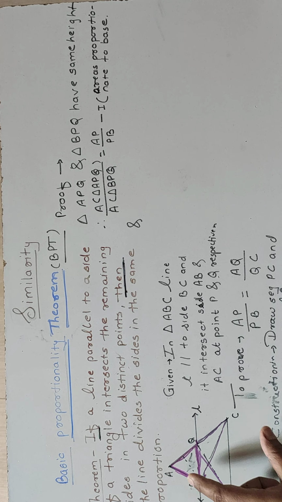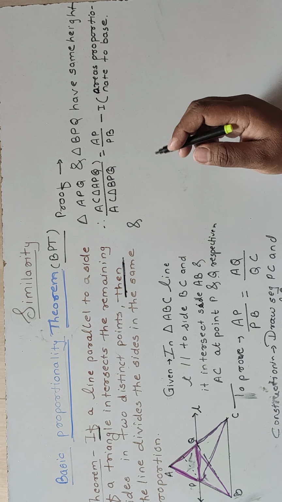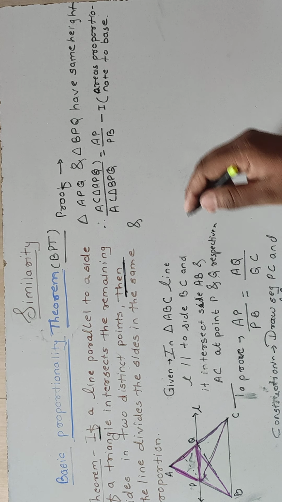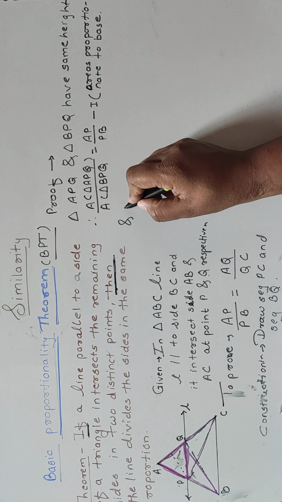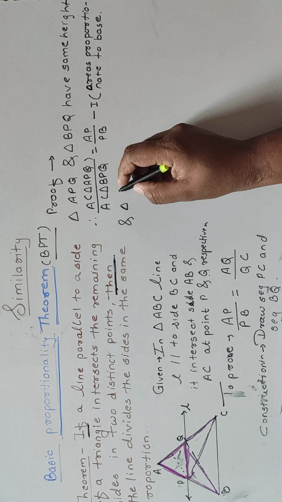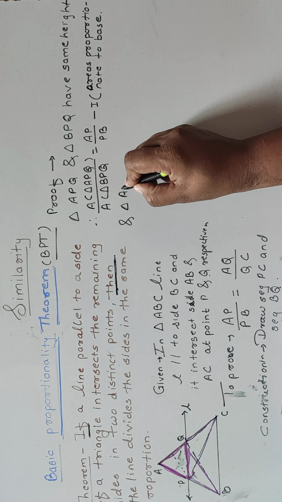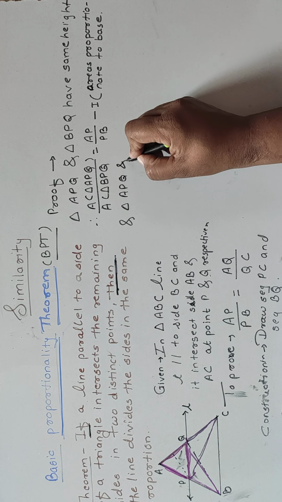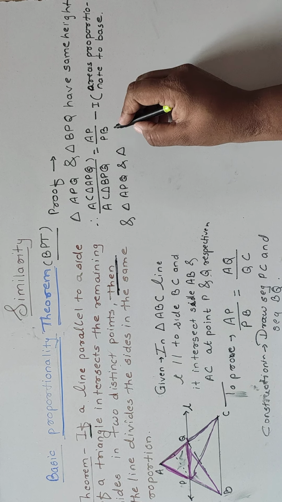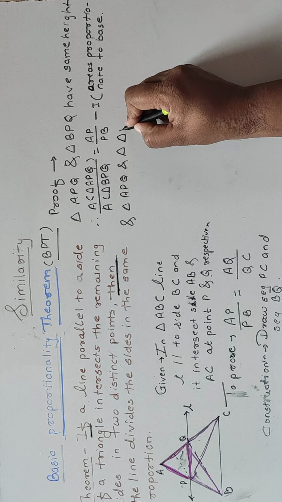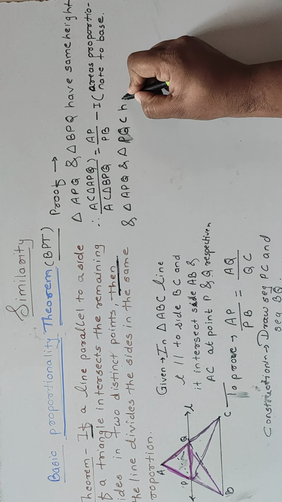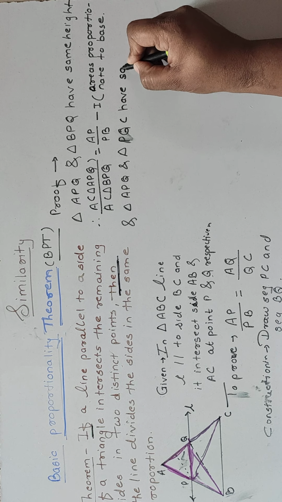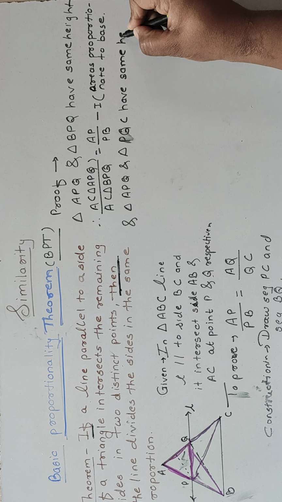So again, the ratio of their areas is proportional to their bases. So we will write here: triangle APQ and triangle PQC have the same height.